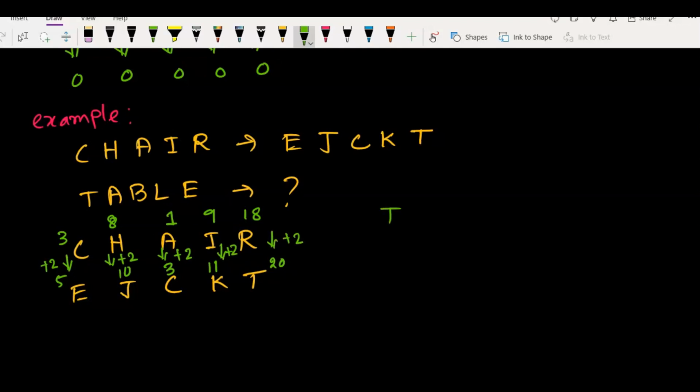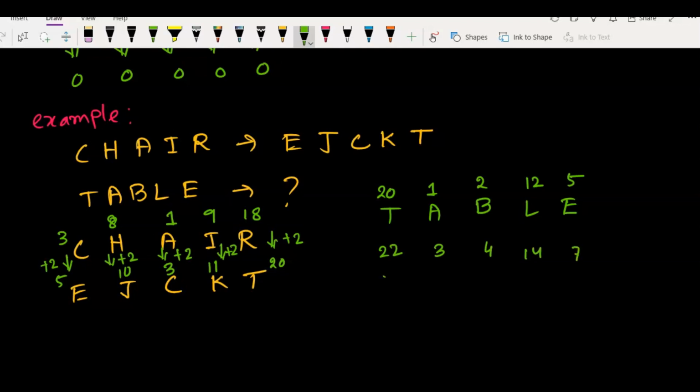So in TABLE also the coding, these will go plus 2. So T is 20, A is 1, B is 2, L is 12, and E is 5. So 20 plus 2 is 22, 1 plus 2 is 3, 2 plus 2 is 4, 12 plus 2 is 14, and 5 plus 2 is 7.